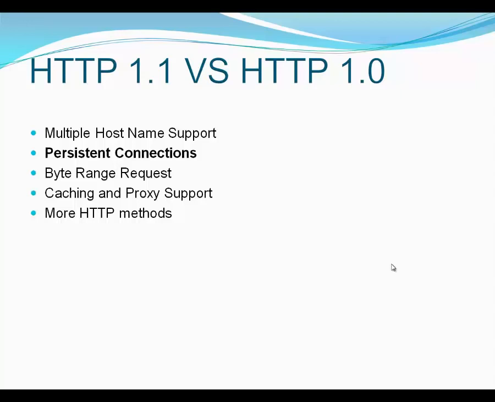Now in HTTP 1.1, it was possible to send a byte range request. Now what is a byte range request? So suppose you are trying to download a file. You don't download the entire chunk in one go.